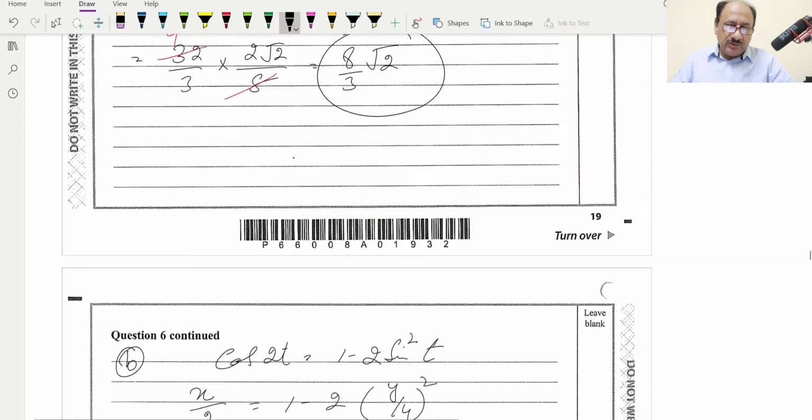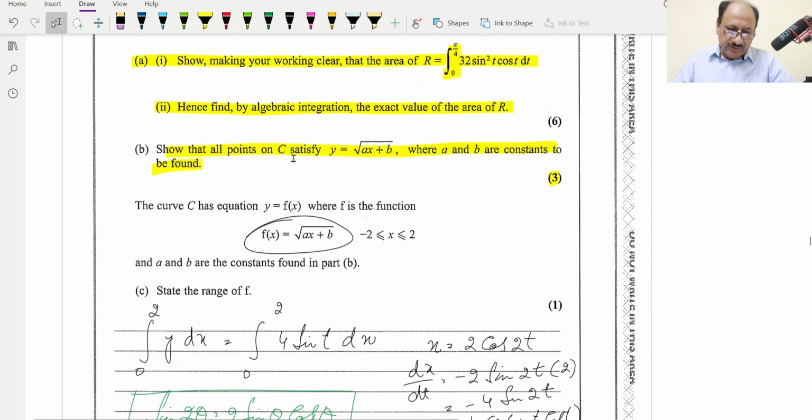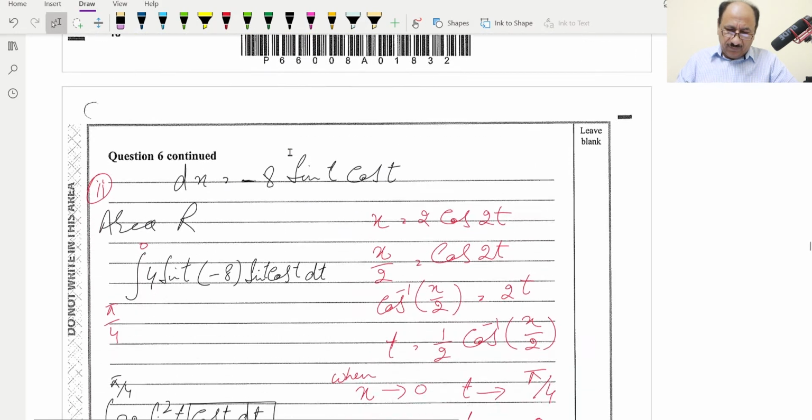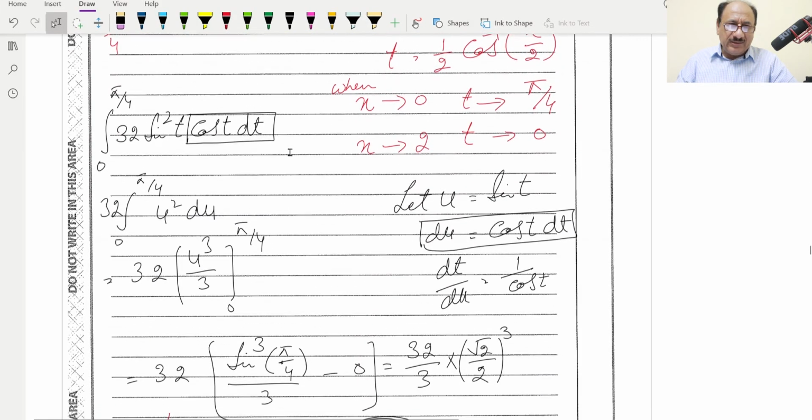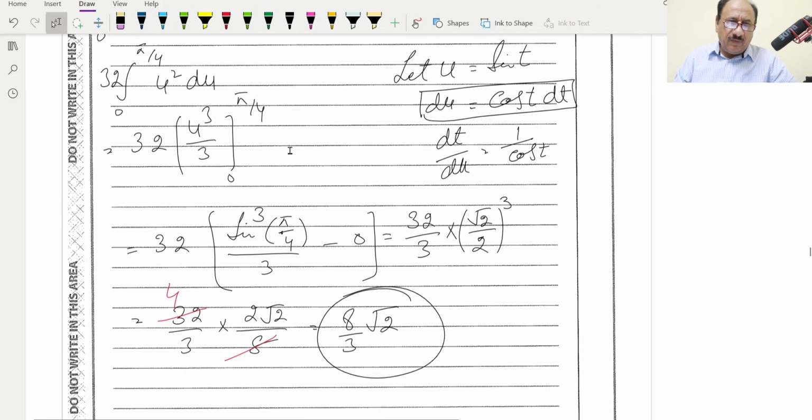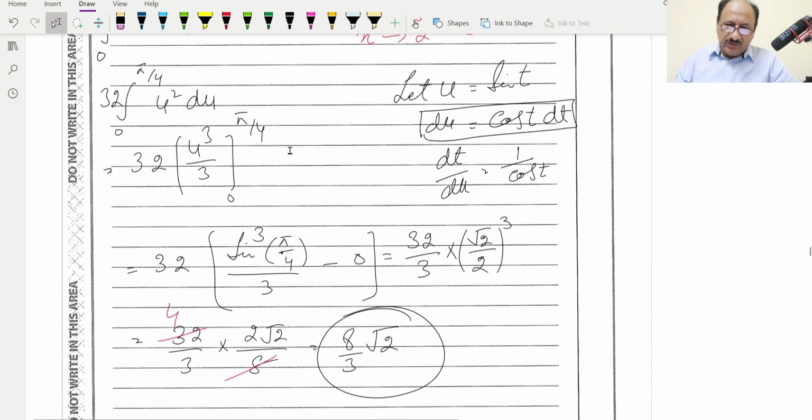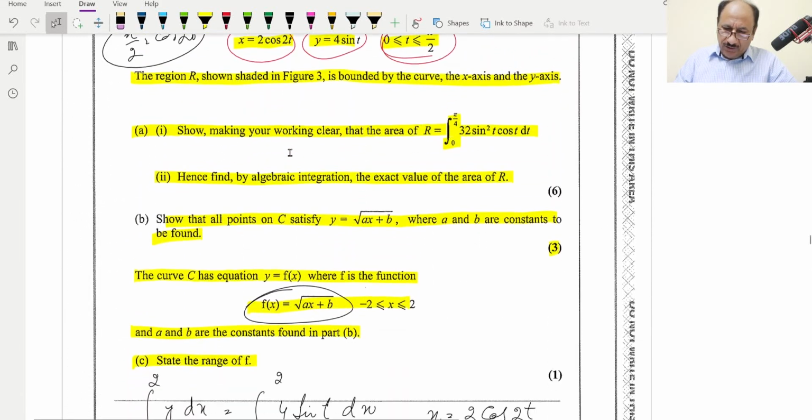We'll go through the question first, and C part says the curve C has equation y is equal to f of x, and this is the equation provided, and a and b, this is basically B part which we have done. Now C, state the range of f. For the range of f, x is varying from -2 to 2, which is provided over here.